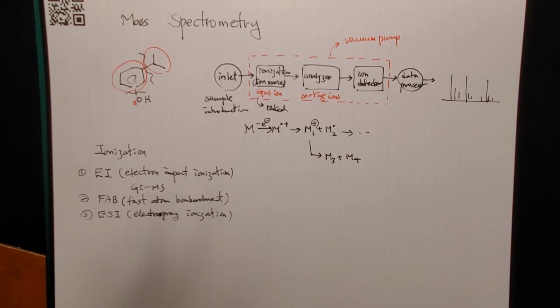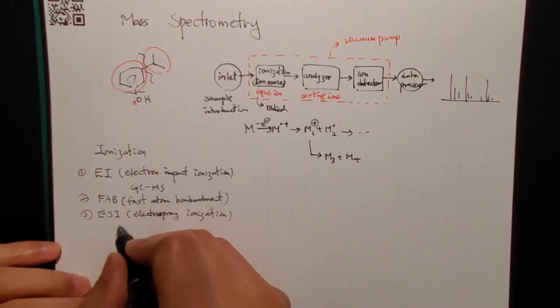The next method is electrospray ionization. We have a metallic nozzle, and we spray the sample. The nozzle has electricity attached to it, so you can remove electrons from your sample and ionize it.